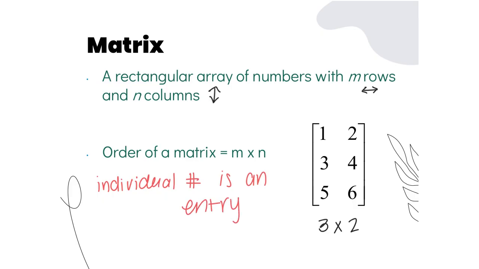If I'm looking at this matrix, how many entries do I have? 1, 2, 3, 4, 5, 6. All you have to know is there are 6 total entries. It doesn't matter what the number is. My numbers can be mixed up, but how many do I have individually? In this case, 6. And again, this is a 3 by 2.